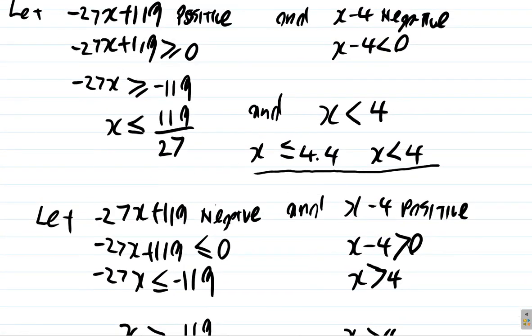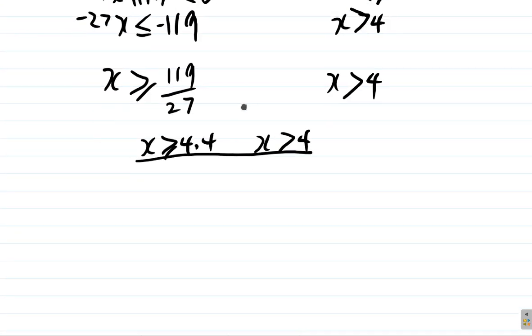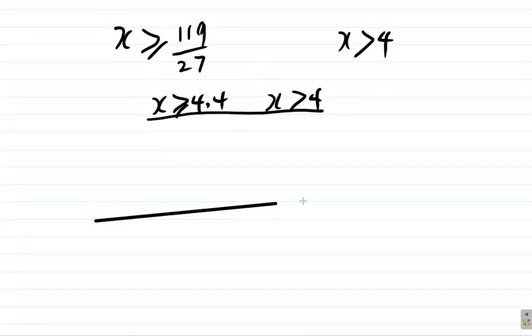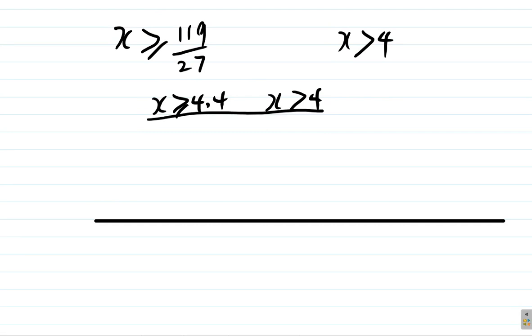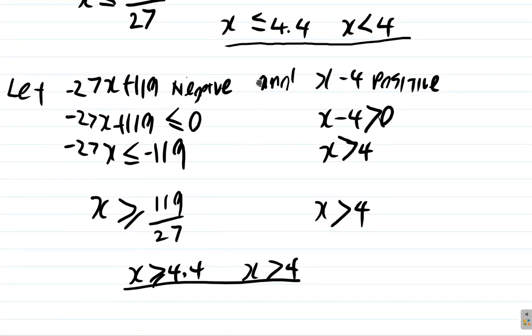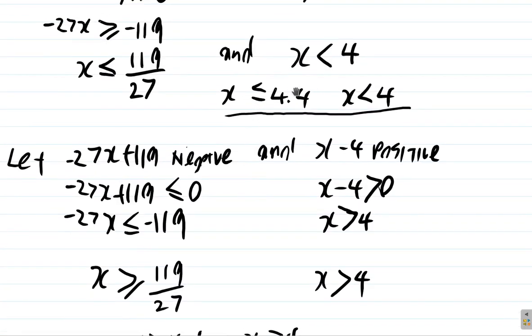Alright, let's look at the number line and see what is happening there. So we have 0 here, we have 4, and we have 4.4. Now, this is saying x is less than 4.4 and also less than 4.